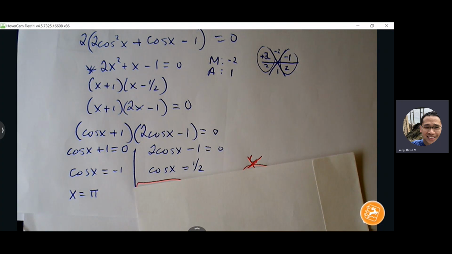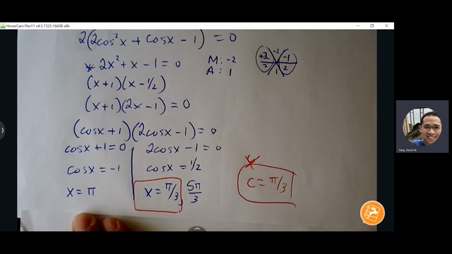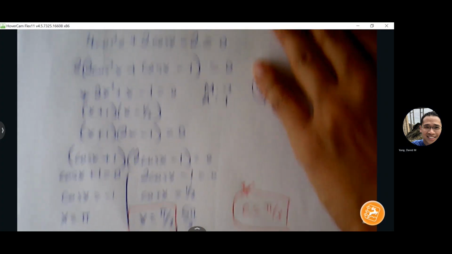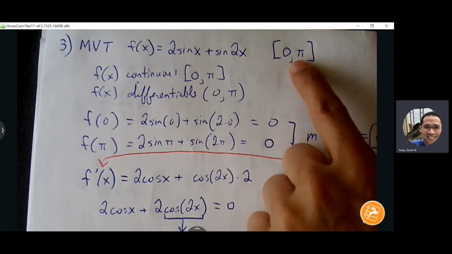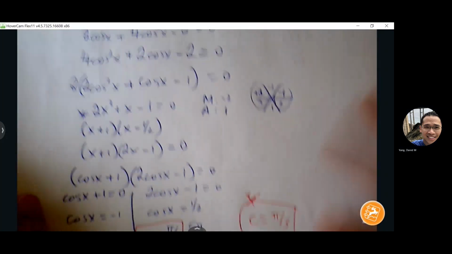Okay, and where's cosine going to be 1/2? Yeah, first and fourth, right? So in that pi over 3 family, pi over 3 and 5 pi over 3. But our interval is just between 0 and pi, so it's pi over 3, right? Even pi is outside the interval. Why is pi outside the interval? It's an endpoint. Okay, so for mean value theorem and Rolle's theorem, my solution x value has to be inside the interval. Endpoint is not good enough. It's got to be between.